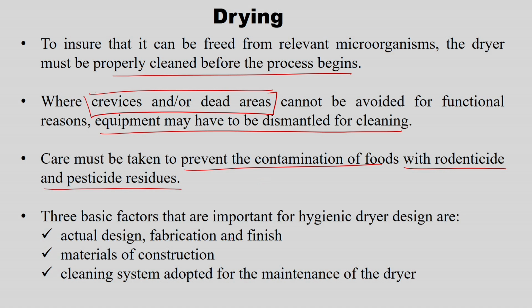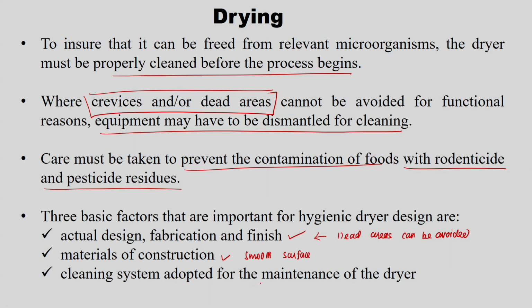Three basic factors that are important for hygienic dryer design are actual design, fabrication and finish. This we told. Here itself we can check whether any dead areas can be avoided, and the materials of construction. We need to ensure this is a smooth surface, because any pits or crevices add further contamination.